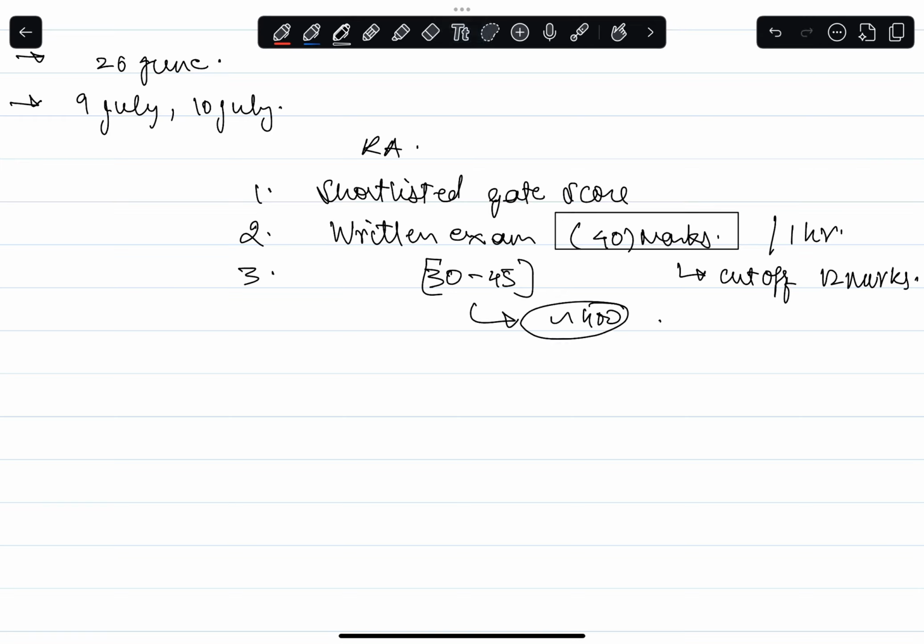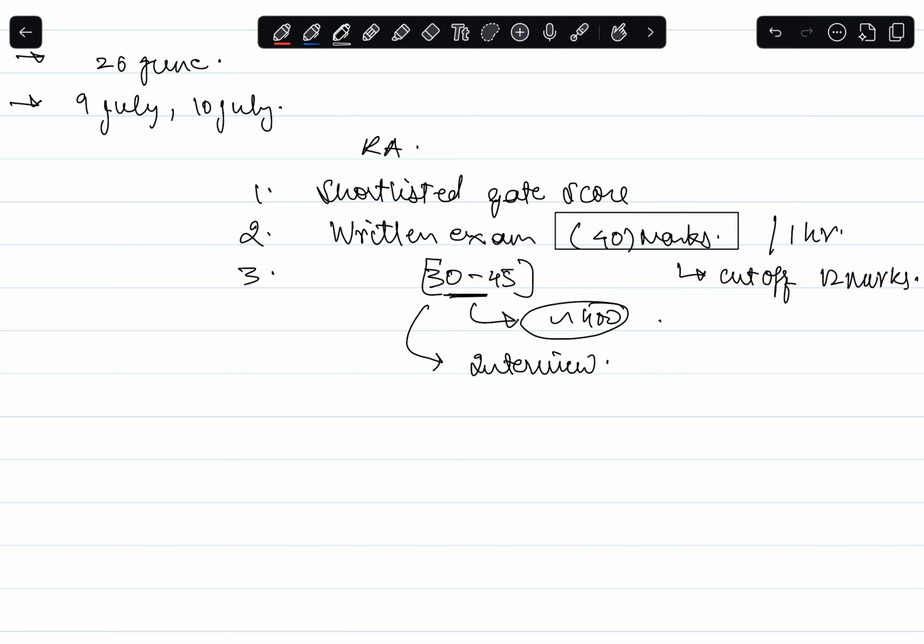And most of the people don't come; around 100 to 200 people usually come. So from that, 30 to 45 students were selected, and then they were screened through an interview. It is then followed by an interview.